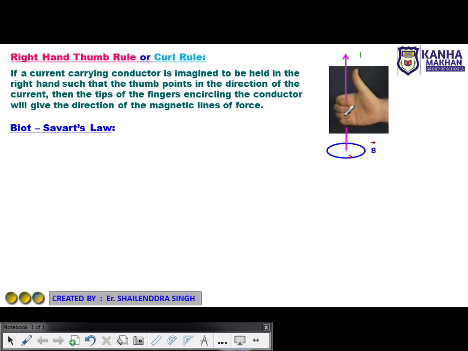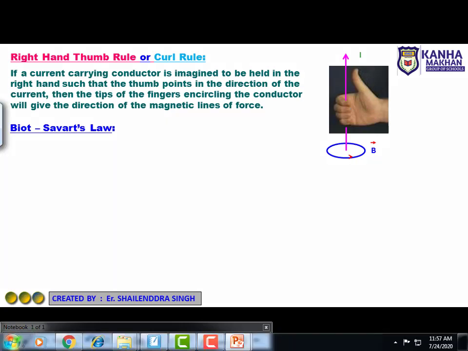Now, after discussing the right hand rule and the other rules, we will discuss Biot-Savart's law. First of all, the Oersted experiment shows that a current carrying conductor produces a magnetic field.